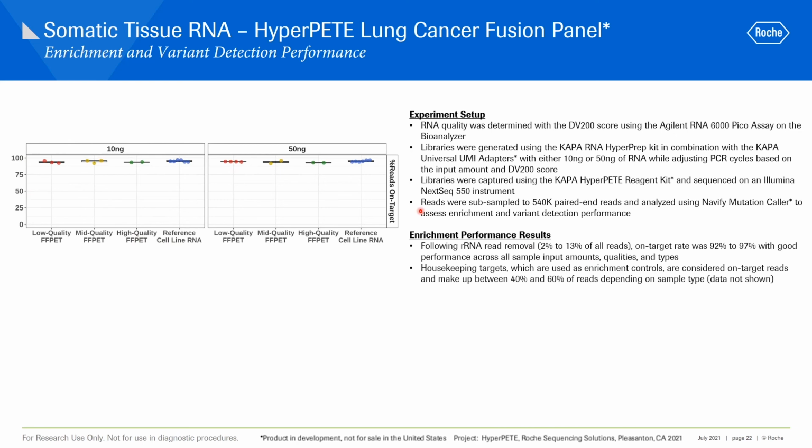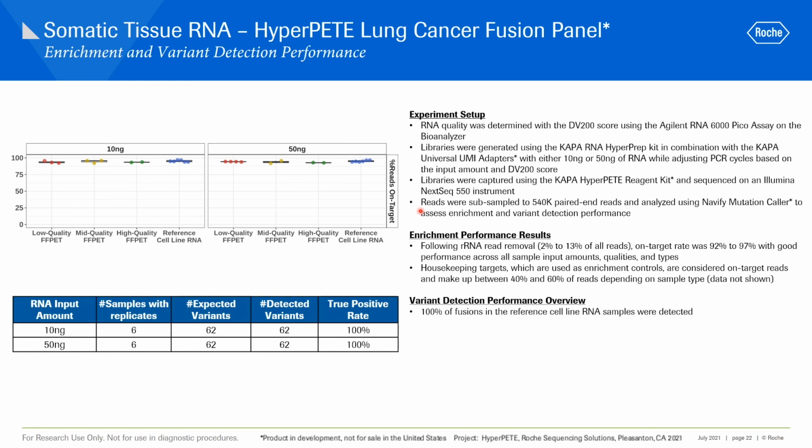Housekeeping targets, which are used as the enrichment controls, as I talked about earlier, are considered on-target reads and make up between 40 and 60% of the reads, depending on the sample type. So the data is not shown here. Just remember, it's making up between 40 and 60% of all the reads in these panels.